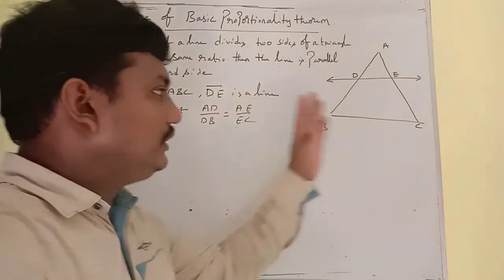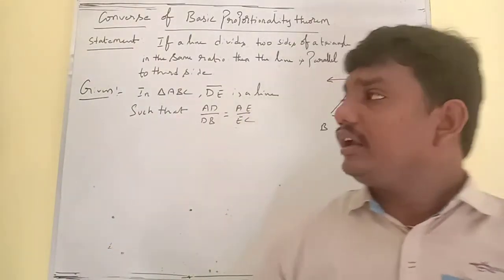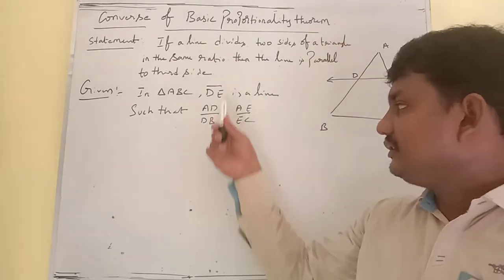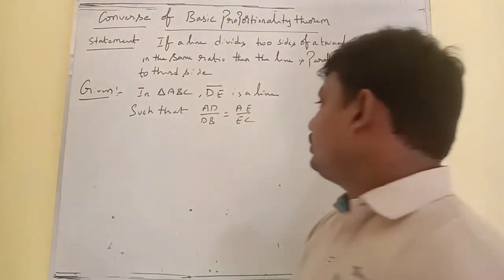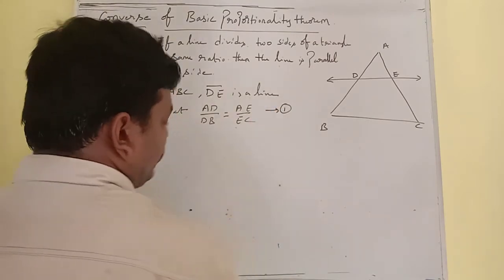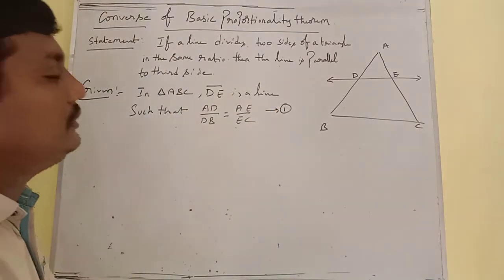So this is given. That means the given line divides the two sides of the triangle in the same ratio. We'll make it the first equation. So this is the given statement.